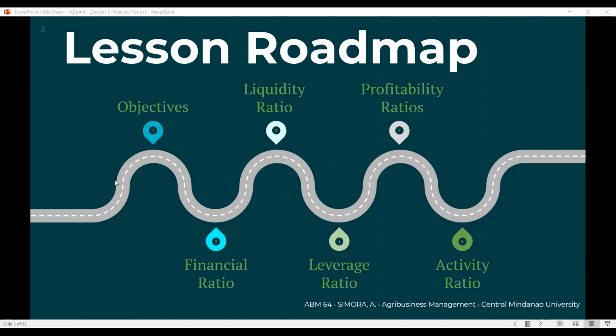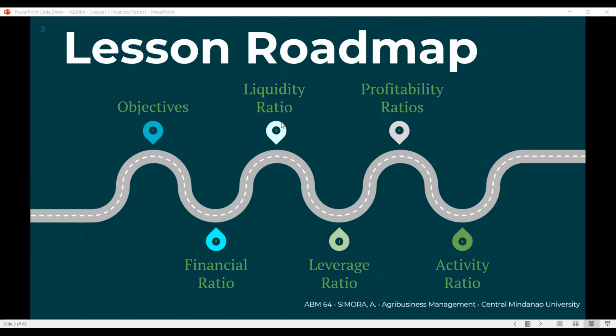So we have our lesson roadmap for today. Here are our objectives: financial ratio, liquidity ratio, leverage ratio, profitability ratio, and activity ratio. These are the main ratios that we are going to discuss, and each ratio has many different types of calculations.